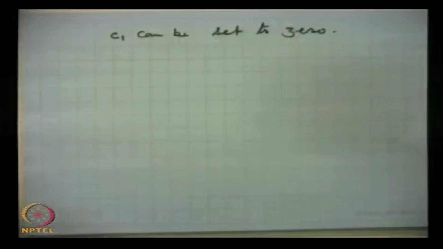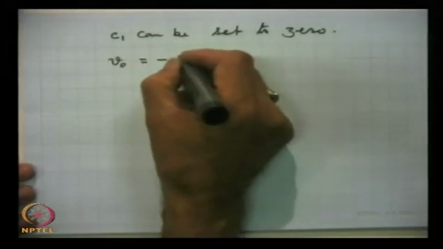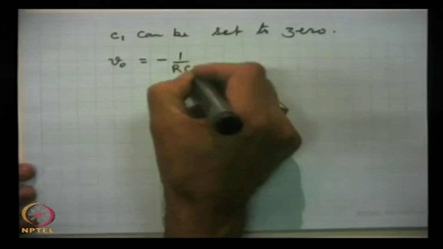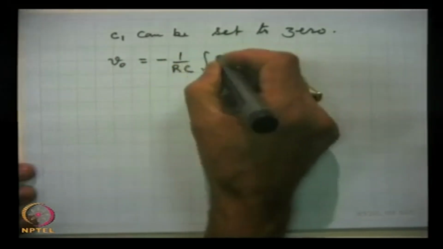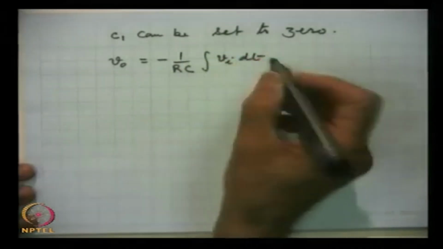In that case, V0, the output voltage, will be minus 1 by RC times the integral of Vi dt.